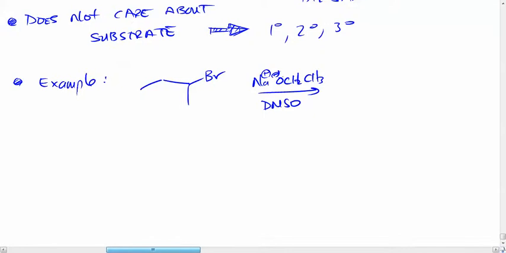And now what's going to happen here is that we're going to have hydrogens, because remember, we're going to be using a base. So we're going to have an alkyl halide, we're going to have a base, and we're going to form an alkene.